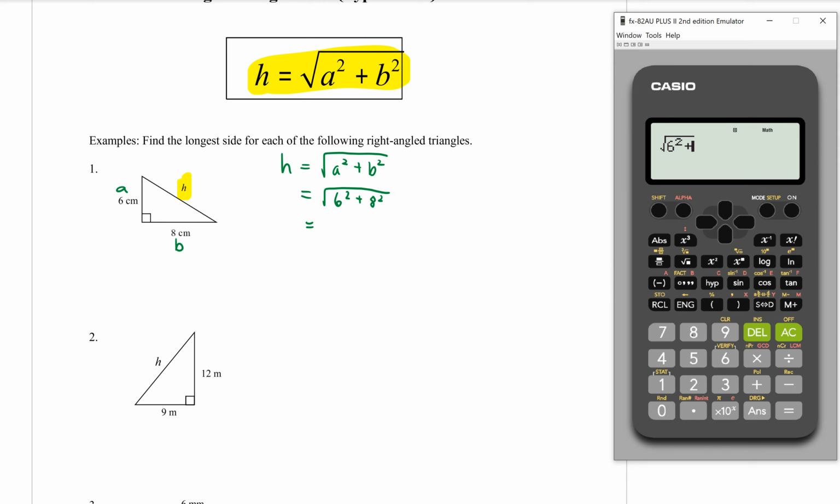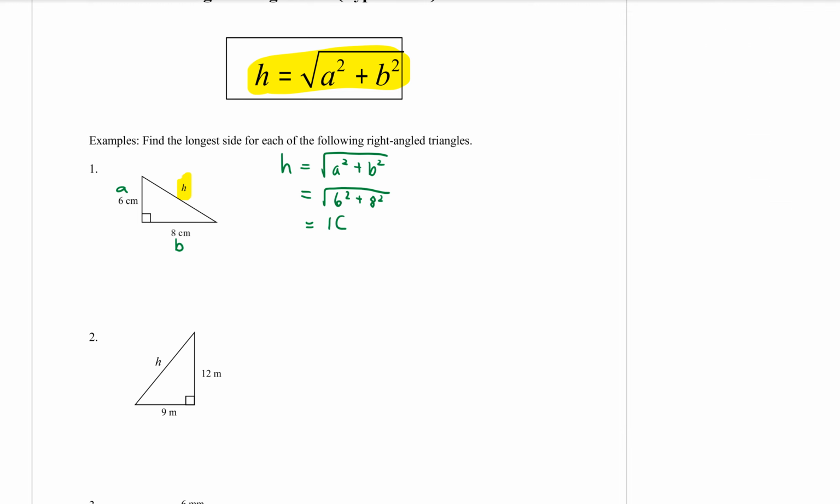Yeah. 8 squared. Squared button is just there. Doesn't seem too hard. So I typed that in, I pressed equals, and that equaled 10. Now that is the length of this hypotenuse here, and I need some units. Centimeters, okay? The other ones are in centimeters, so that one's going to be in centimeters.